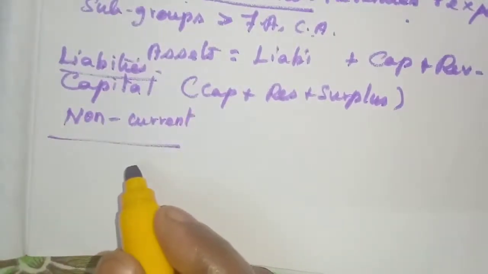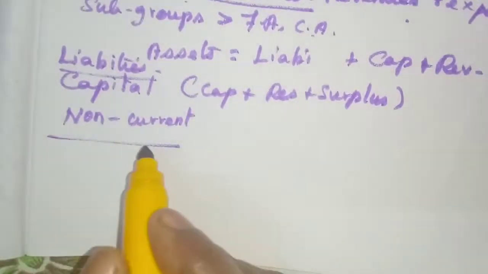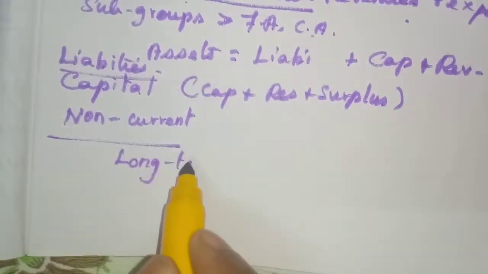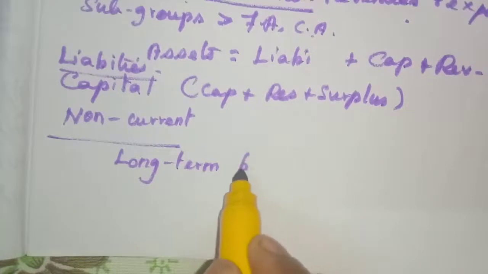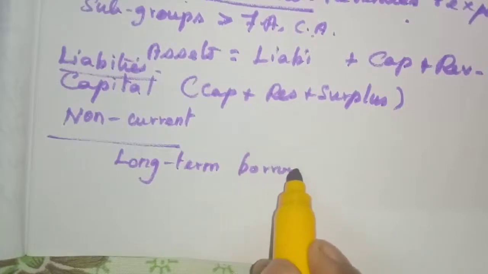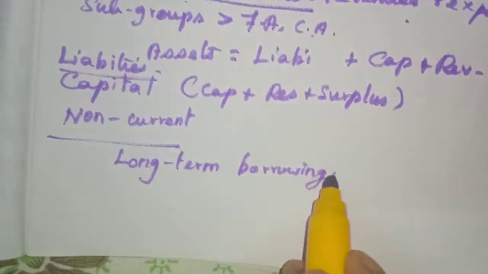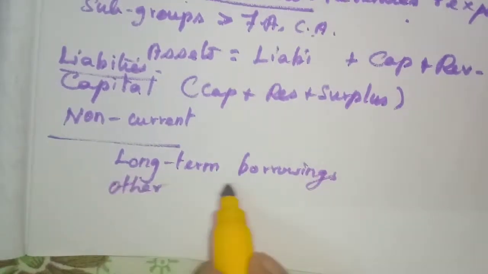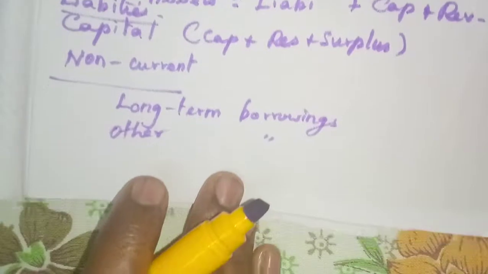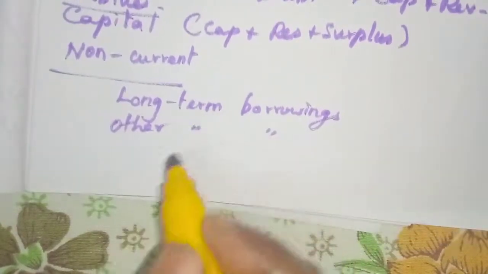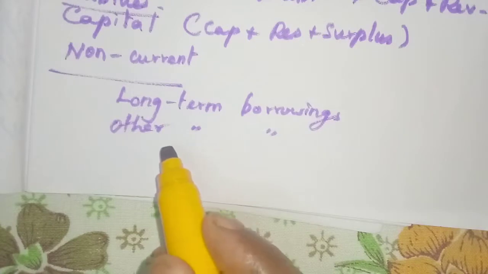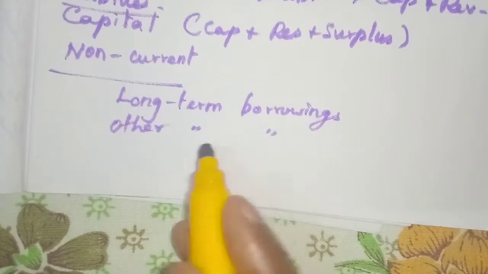What are the non-current liabilities? Here the long-term borrowings from the banks or from the financial institutions, and any other long-term borrowings.